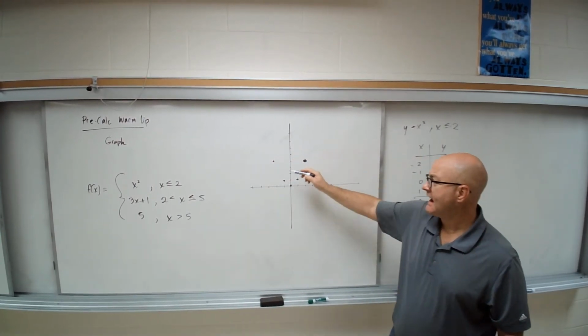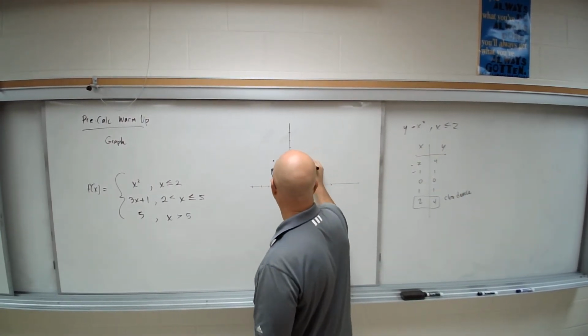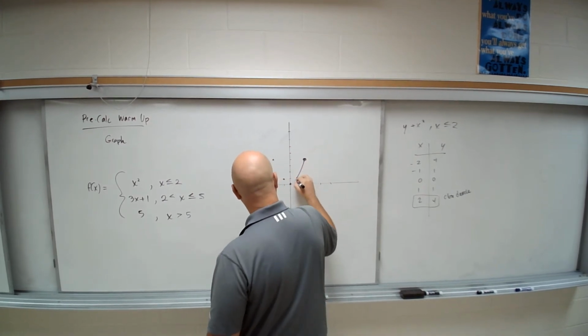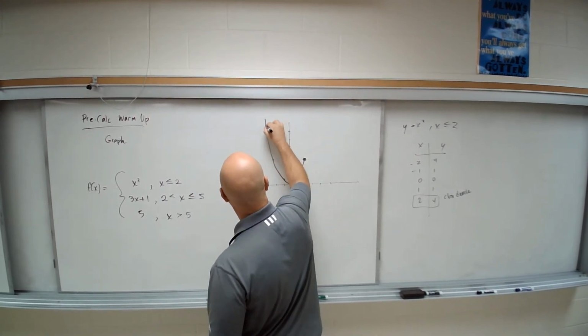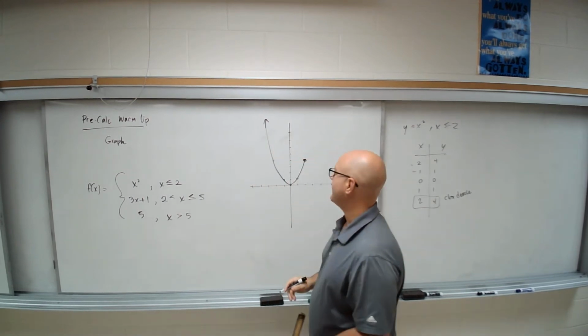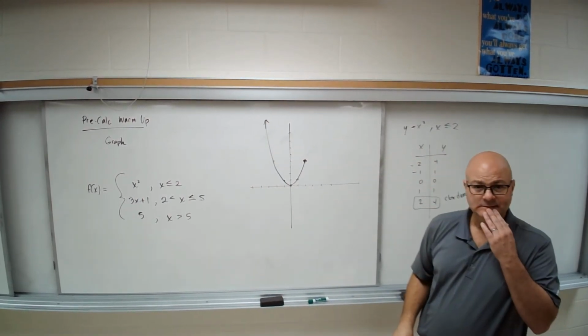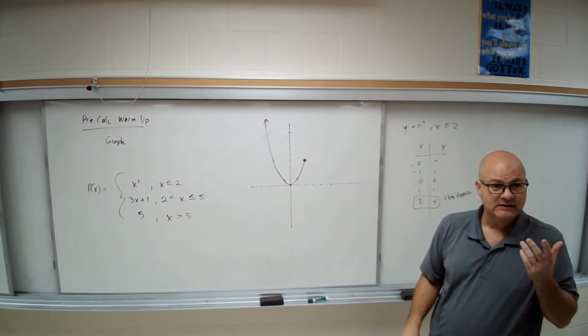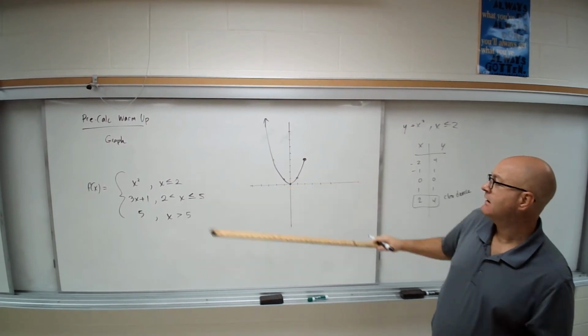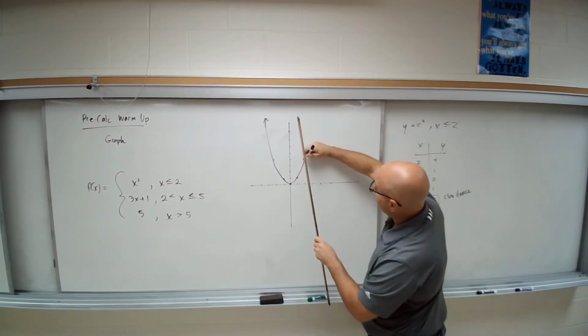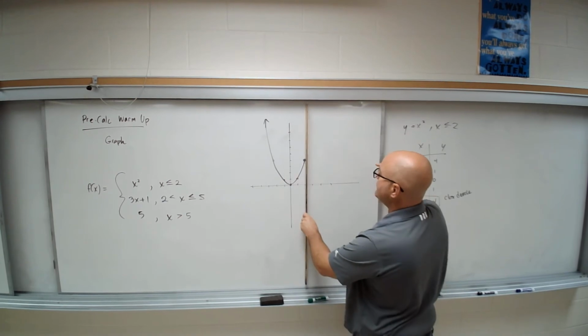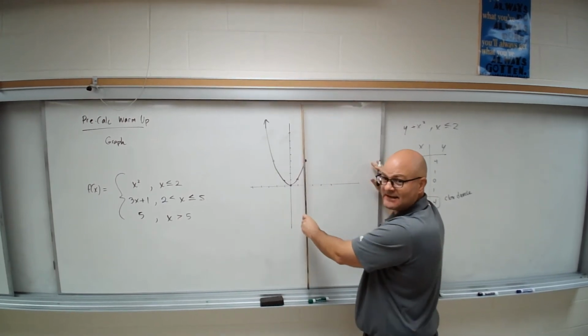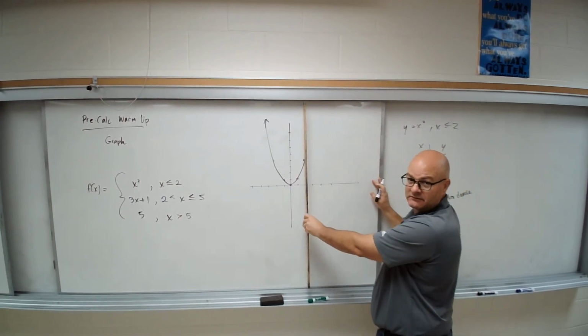But since this is the end of our domain, this is going to stop as a closed circle. This is going to look like that. That makes sense? So it's this part of the parabola, but it's only drawn for x values 2 or less. It doesn't exist where x values are bigger than 2.